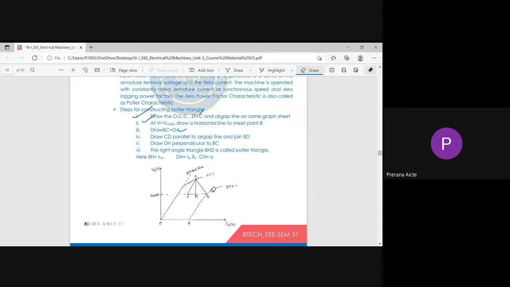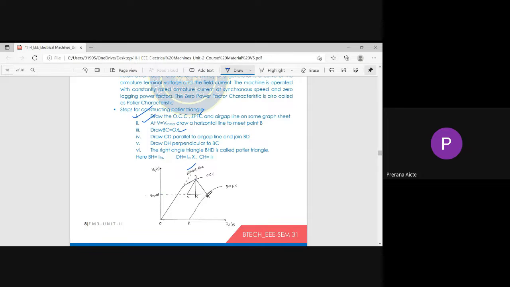Once we complete the BC line, next draw the CD line, which is parallel to the air gap line. From point C we draw the CD line parallel to the air gap line until it touches the OCC curve at point D. From point D, draw the perpendicular line DH, which is perpendicular to BC.